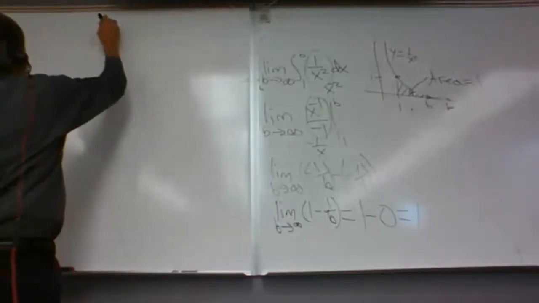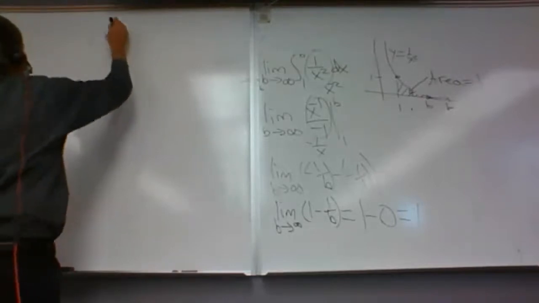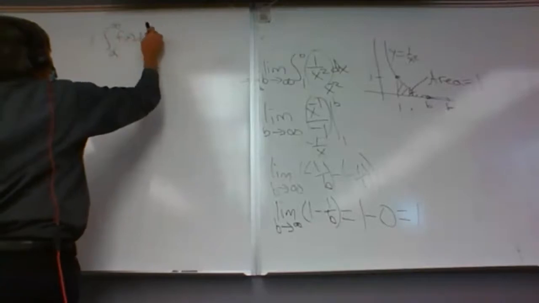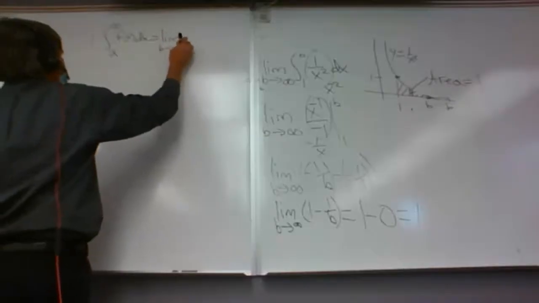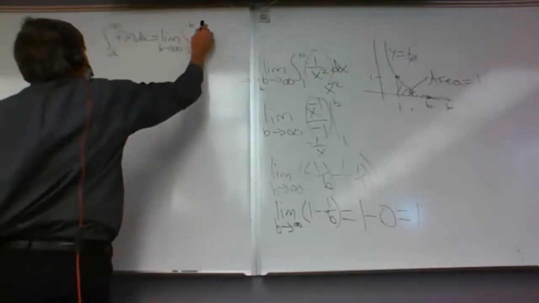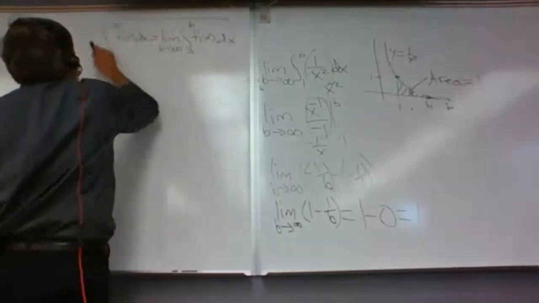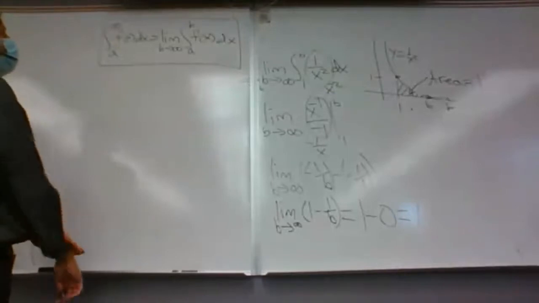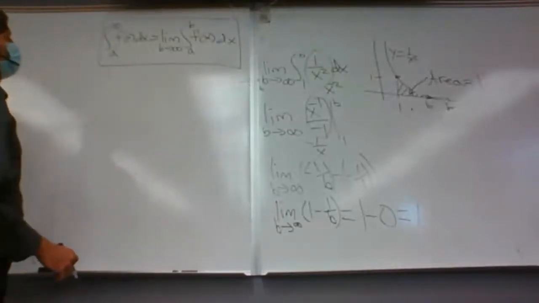Here, if I have the top endpoint is infinity, and I go from some fixed point a, the integral of f of x dx, we'll say that that is equal to the limit as b goes to infinity of the integral from a to b of f of x dx. Easy. That's what we did in those last two examples. Just take b bigger and bigger, and think of all those integrals. The limit.